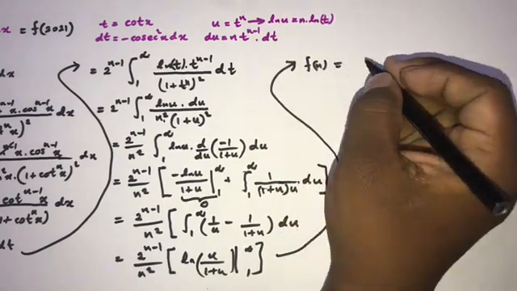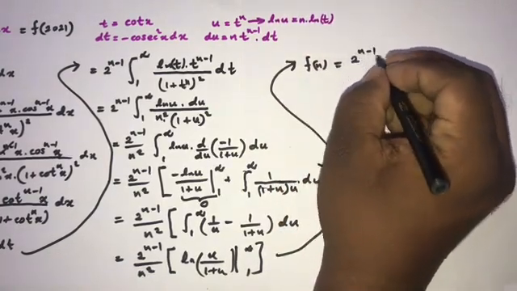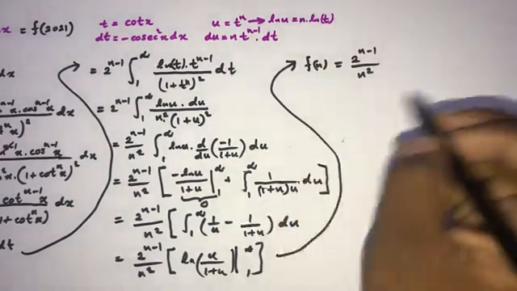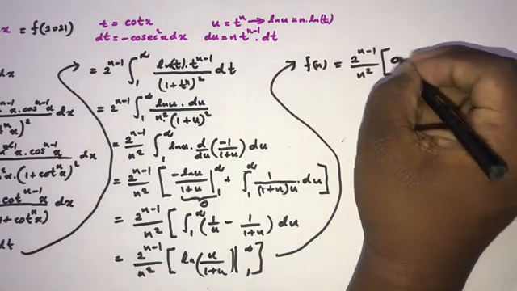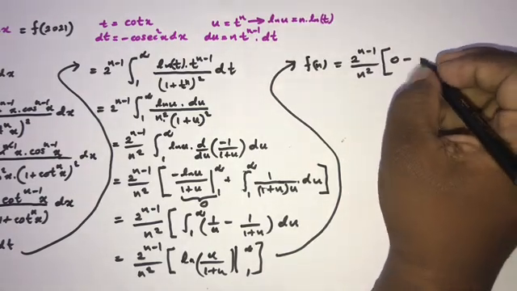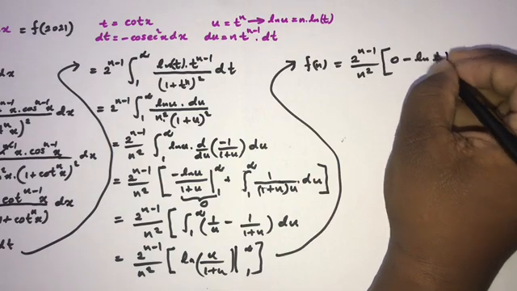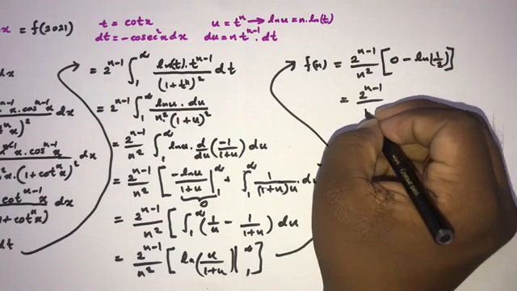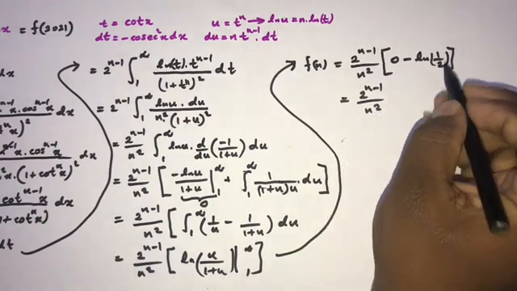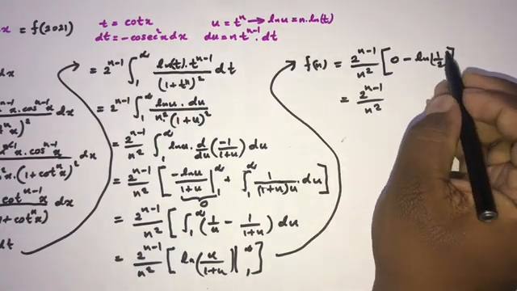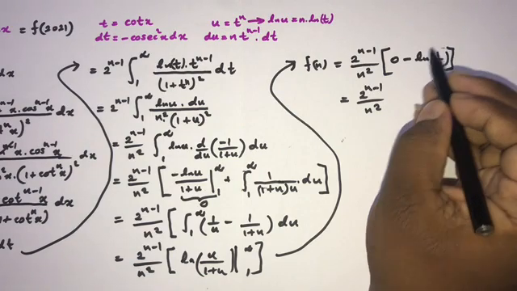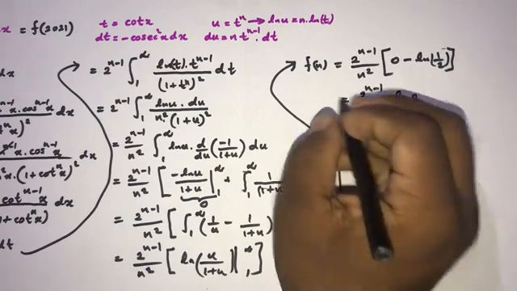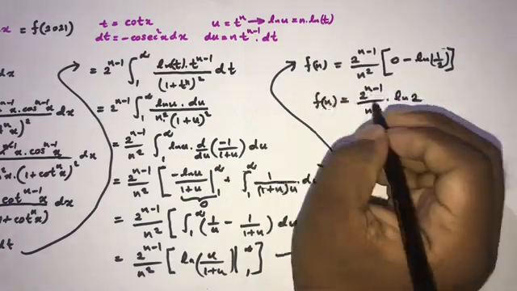F of n is equal to 2 raised to the n minus 1 power over n square, and if we plug in infinity, we know 0, minus, if we plug in 1, natural log of 1/2, and then 2 to the n minus 1 over n square. Here we can write natural log of 2 to the minus 1, so minus 1, with the minus sign, so plus natural log of 2. Okay, this is f of n.